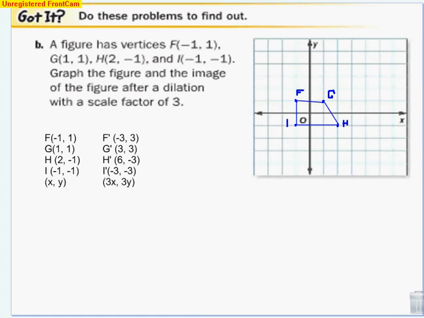And now I'm going to graph the points after the dilation of a scale factor of 3. So my new F would be (-3, 3). G is (3, 3).